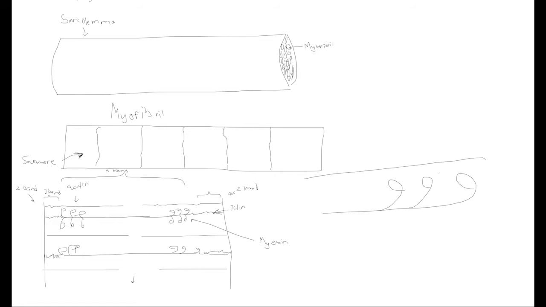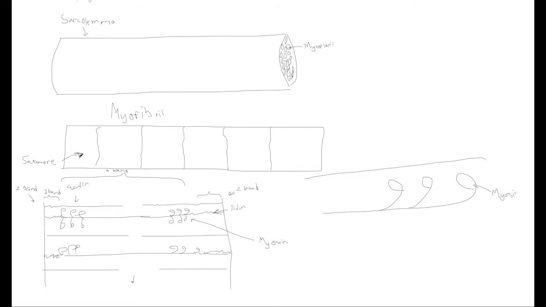Let's just draw it as a line. And what can happen is ATP can be used so that myosin can move along or push against this actin. These myosin heads will push against this actin. So this is one myosin head.